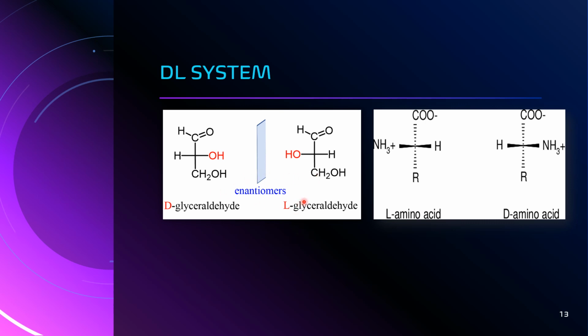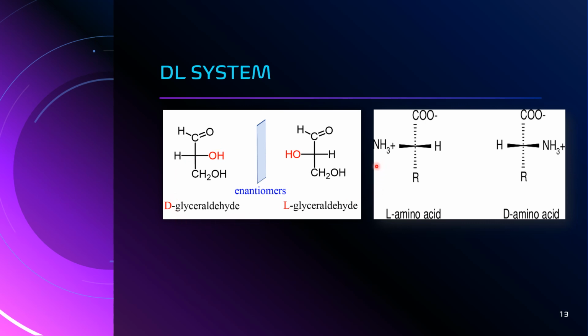These are the enantiomers of glyceraldehyde. If the hydroxyl group is on the left side of the Fischer projection, then this is said to be L-glyceraldehyde. And if the hydroxyl group is on the right of the Fischer projection, then it is D-glyceraldehyde.